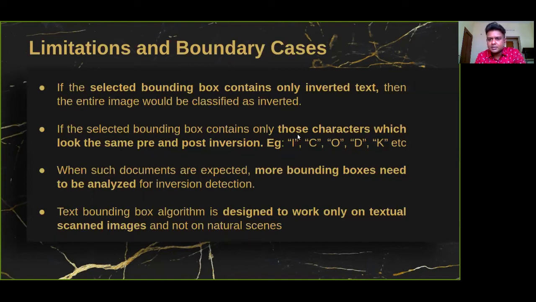Or let's say the bounding box contains characters which look the same before and after inversion, such as I, C, O, D, K, etc. If the bounding box contains only these characters, then it can be misclassified. In these cases, we need to take more bounding boxes and analyze to understand whether it is really inverted or not. Another boundary case is that this will work only for textual scanned documents and not on natural scenes, because the bounding box algorithm works only on textual images.